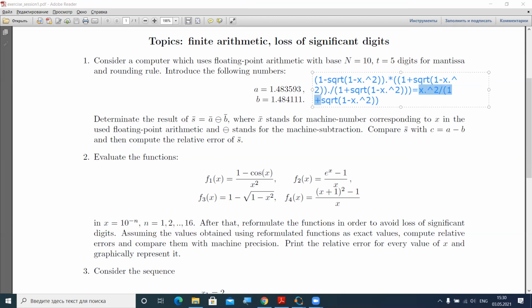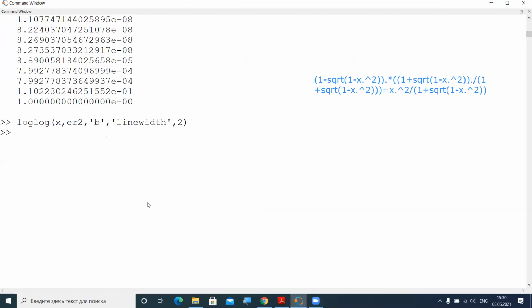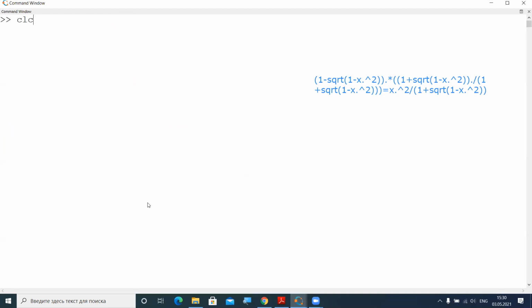And now let's copy this function and write it to the program. So let's clear all. And now again we have n, we have x, corresponding x, and then we have the new function f3.